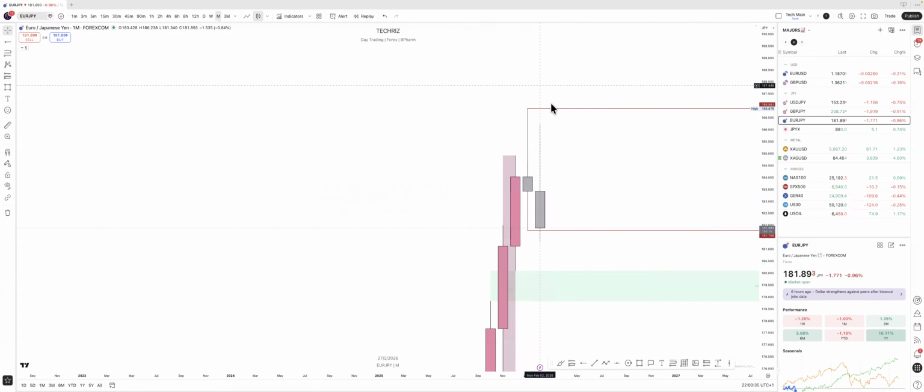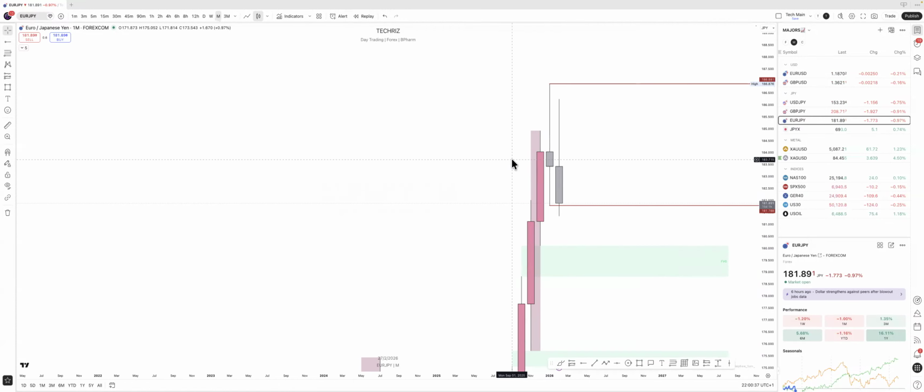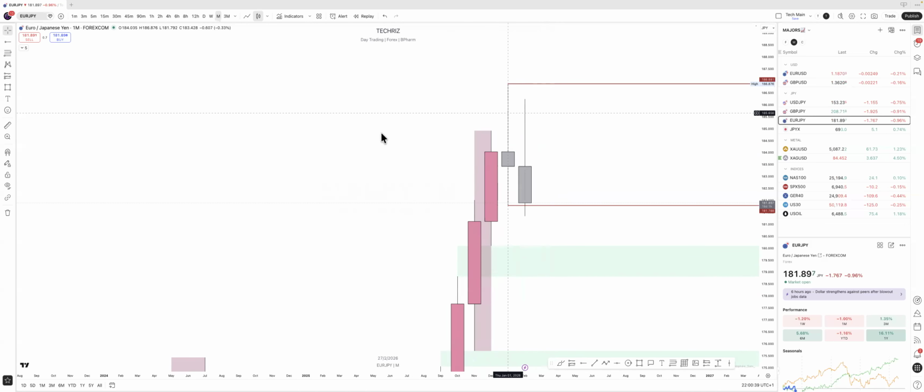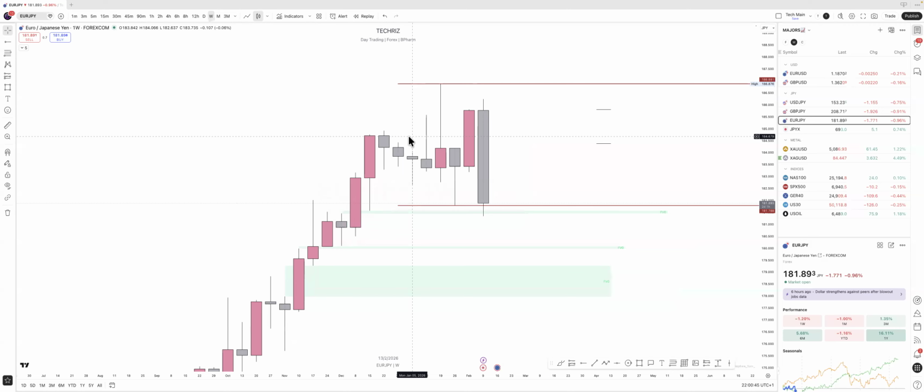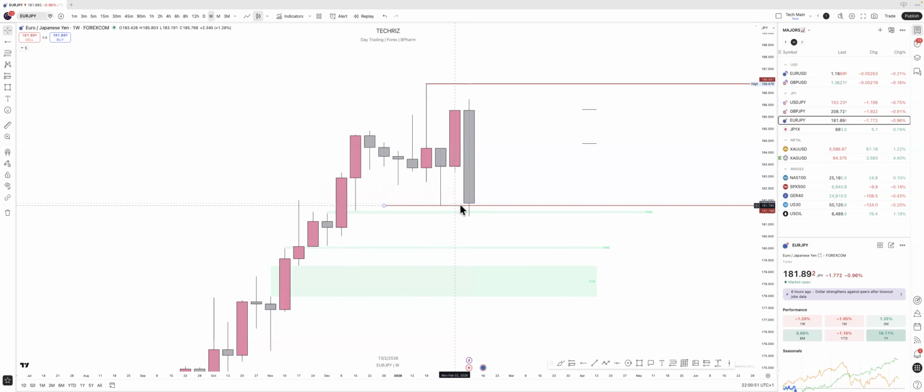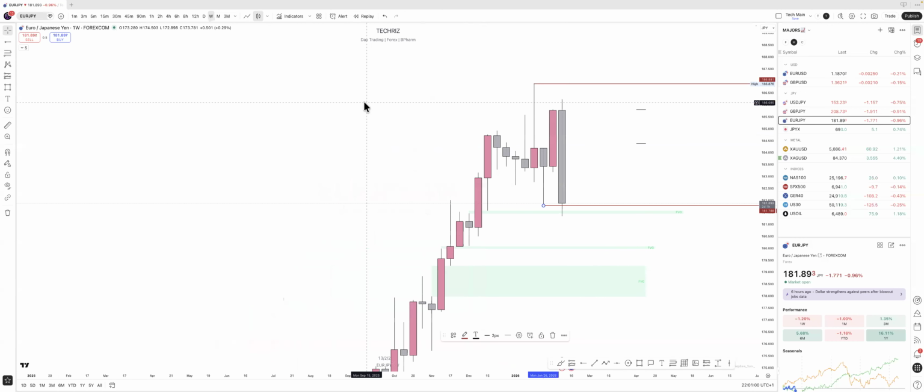It may now be going to take out the high, but you still need to look and check if there's a change in state of delivery, right? Although I think it was SMT that caused this. The market tried to go up, but the strength was too weak and it came down first.